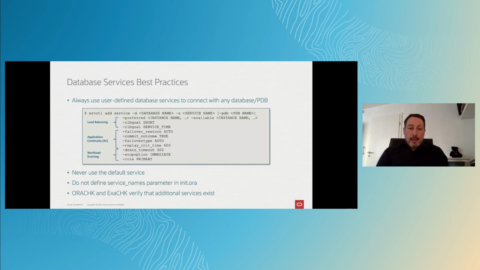The other thing you shouldn't do, besides using the default service, is define the service_names parameter in init.ora or the SPFILE. Really just use the clusterware resources to create your database service. By the way, the tools from Oracle which check for best practices, AHF's ORAchk and EXAchk, will verify that additional services exist, and you really should be using them.